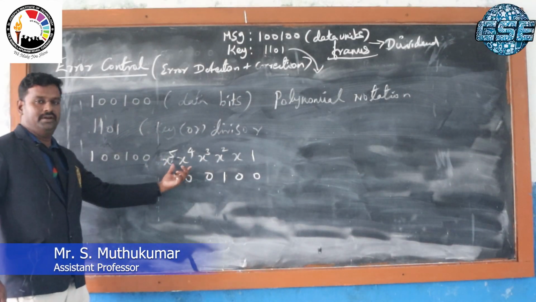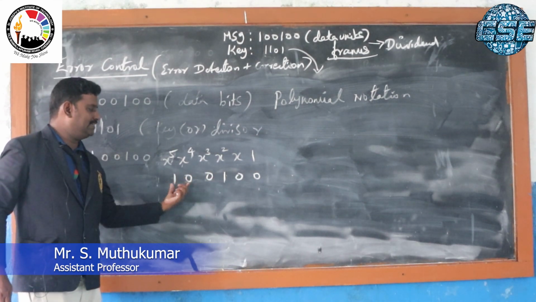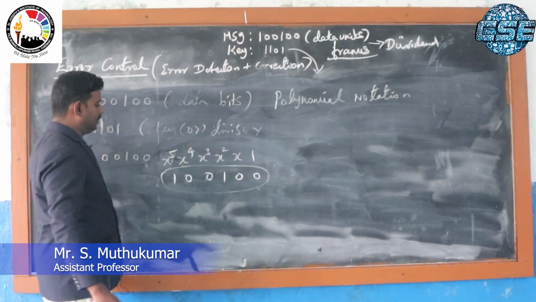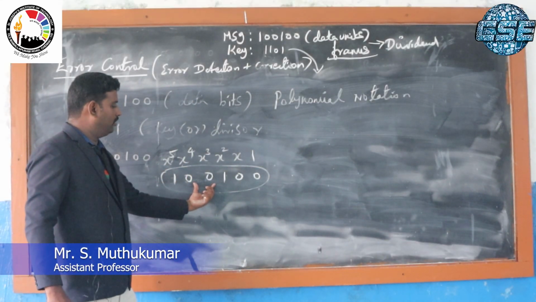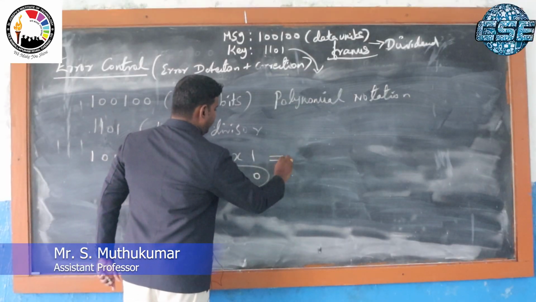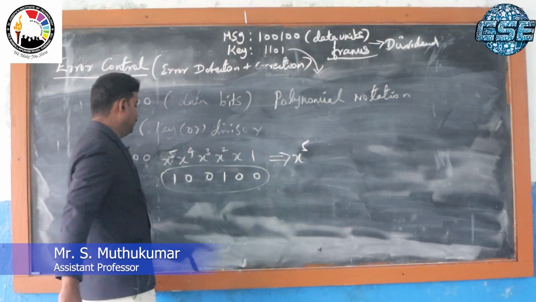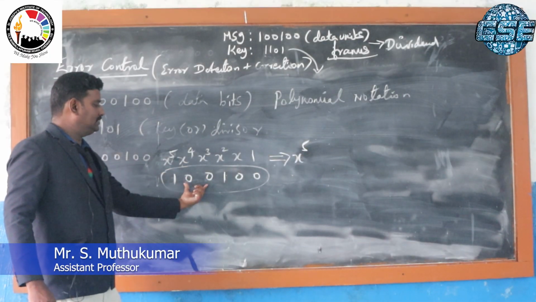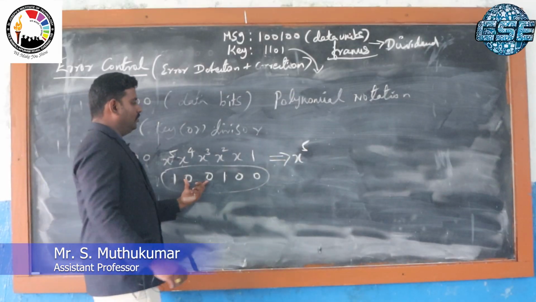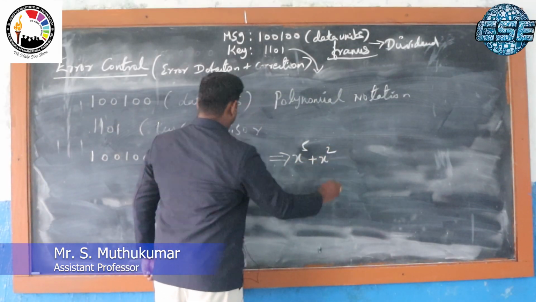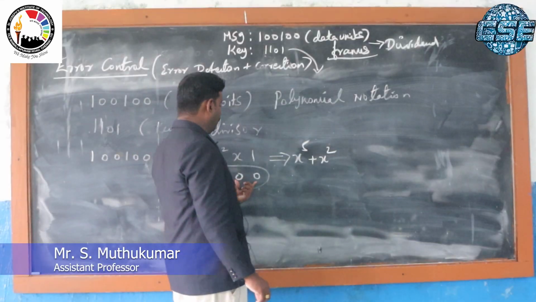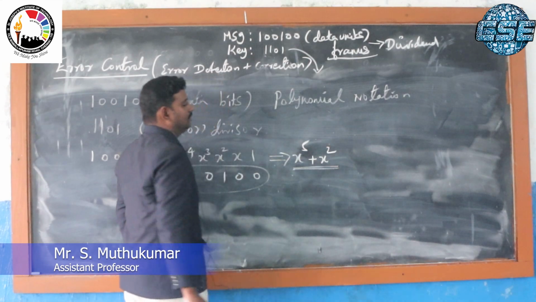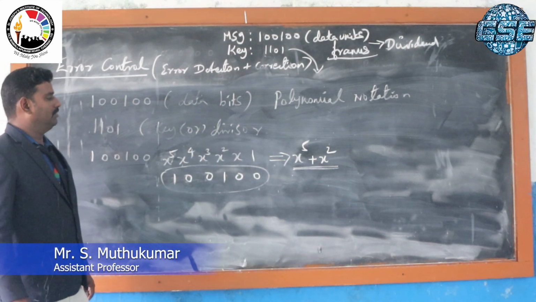In this polynomial notation, we can take in the message bits. Sometimes the message bits can be given in polynomial notation. If you convert this message bit into polynomial notation, you can write it like x power 5. So we have a coefficient only for x power 5. x power 4 and 3 are 0, so there is no coefficient. Then x power 2, then there is no x term, and then the last bit. In this format also, sometimes the data unit is given by the question.